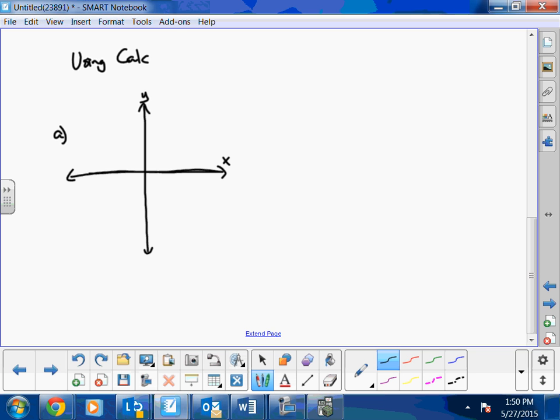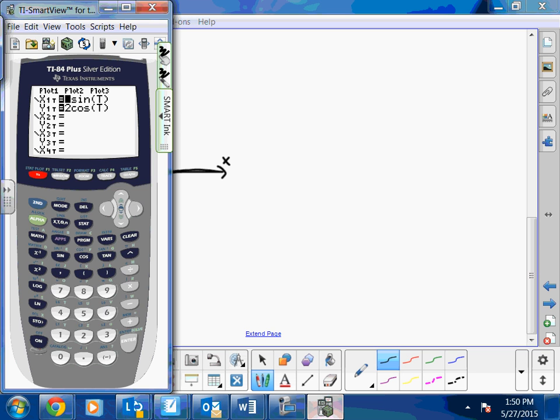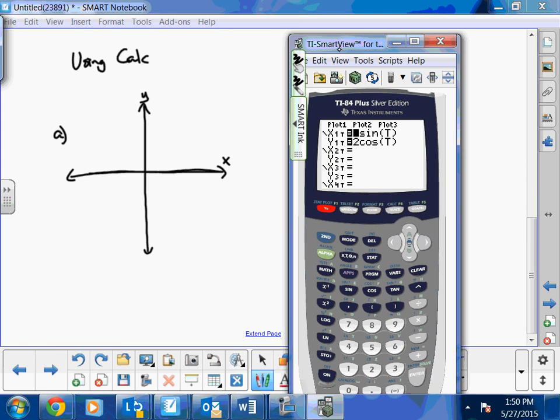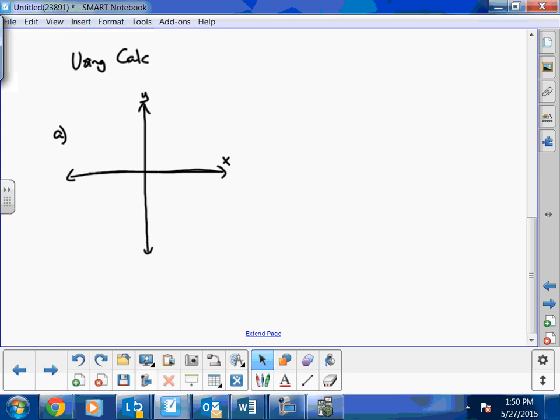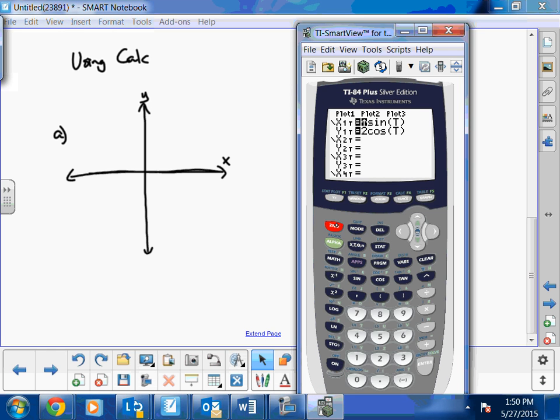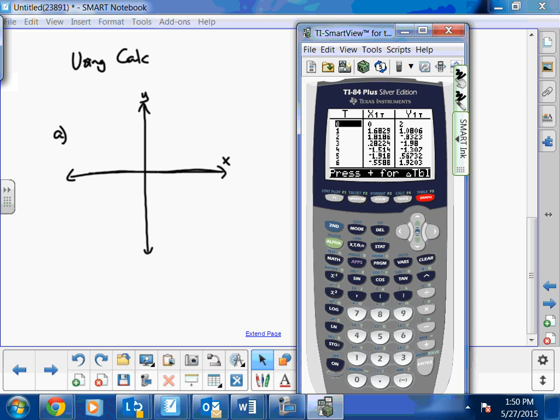So let's bring up the table so you get a good idea of what's happening here. If you notice, I have the value 0, 2, and you want to put maybe some whole numbers here. So when t is 0, you're going to have 0, 2.